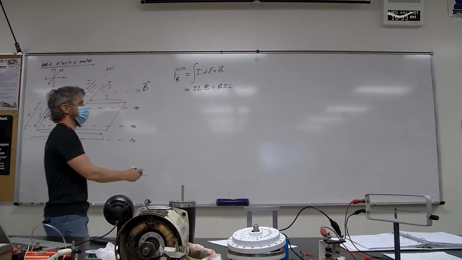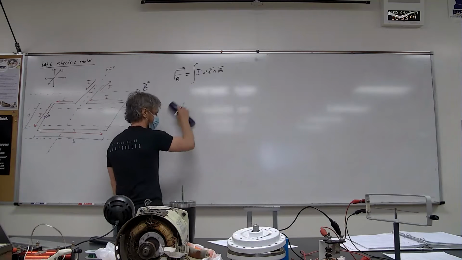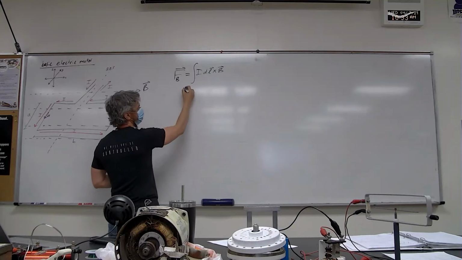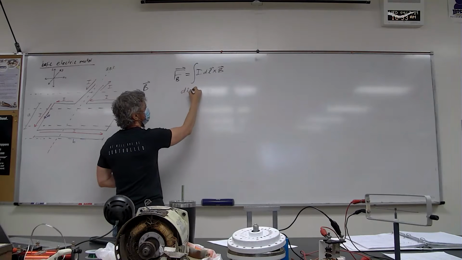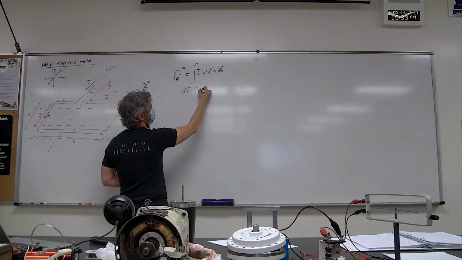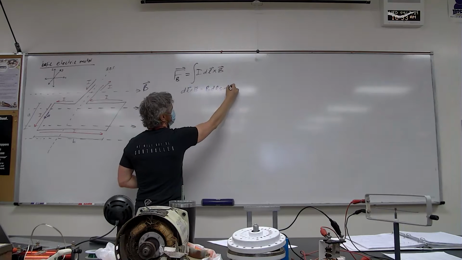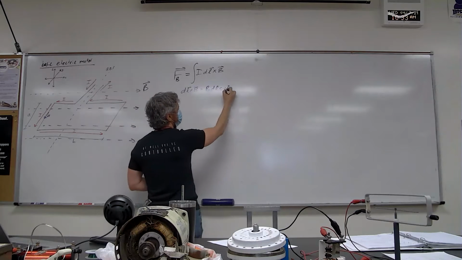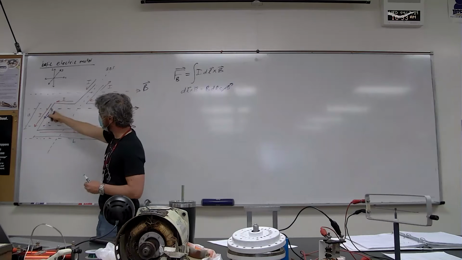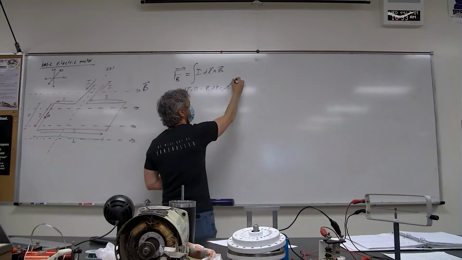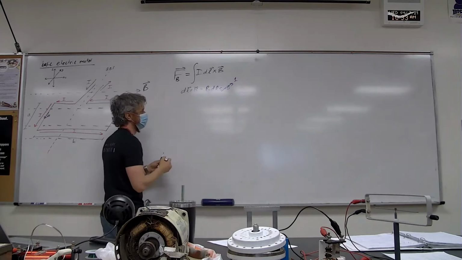Actually, in this case, it's not going to be L. I'm sorry. Let me go through the whole scenario. I know dl cross B is B times dl times the sine of the angle between those. The sine of the angle between dl and the magnetic field is going to be 1 because the angle is 90 degrees.